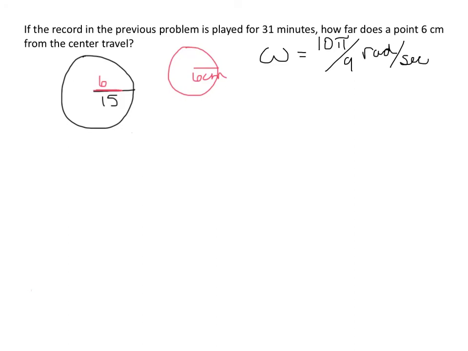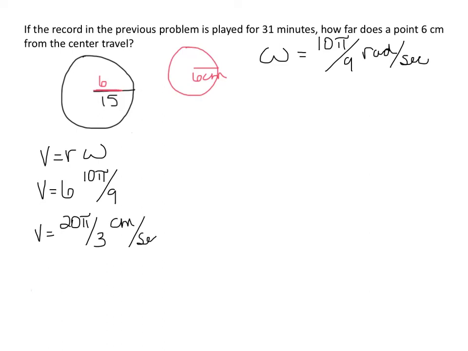So what we can do is use that, first of all, to find the linear speed that this particular point is traveling through. So remember that linear speed is equal to the radius times the angular speed. Well, here our radius is 6, our angular speed is 10 pi over 9. So that will give us a linear speed of 20 pi over 3, and that is centimeters per second. From here, we need to find the arc length.